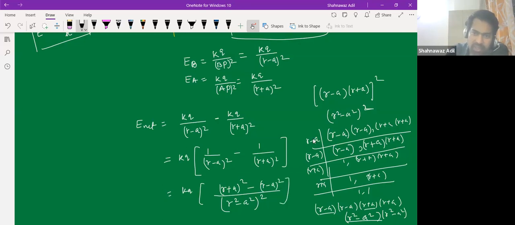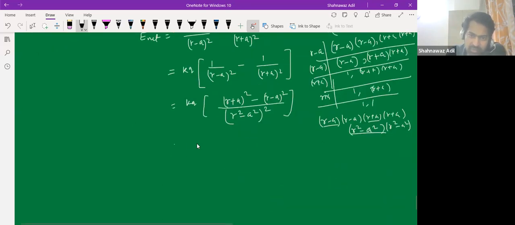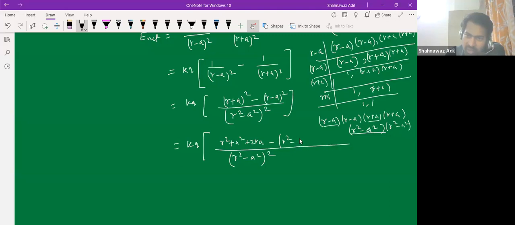So if we solve this one, R square minus A square, whole square. This is R square plus A square plus 2RA, minus of R square minus 2RA plus A square.